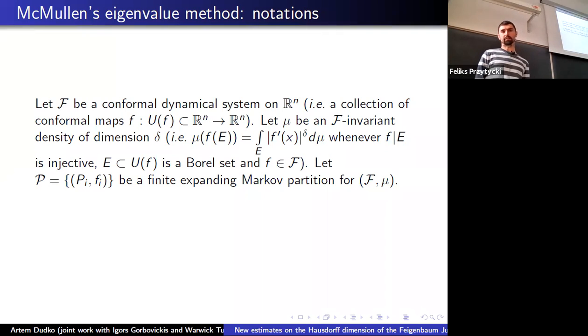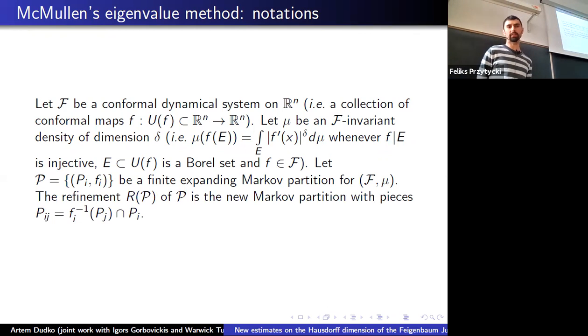Assume that we have a finite expanding Markov partition, meaning that the image of each of the pieces of the partition under the corresponding map will either be disjoint or contain any other piece Pj. And expanding means that basically the derivative of some iterate is strictly larger than 1.